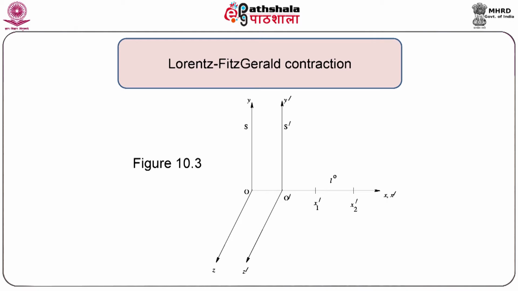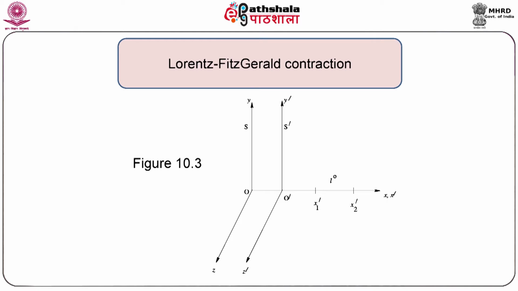Later on, S dash frame is moving with uniform velocity v with respect to fixed frame S along the direction of the X axis. Please note that these two frames have a common X and X dash axis, that is, OX and O'X' are coinciding.